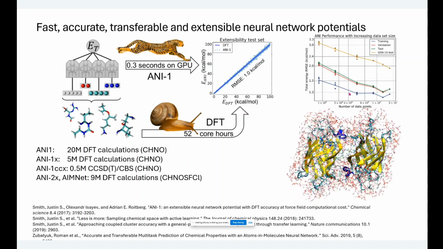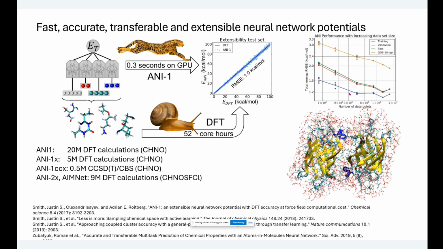There were, of course, limitations, but it's still usable, and ANI 1, ANI 1X, ANI 2X, and ANI 1CCX models are implemented in IMS. So the idea is it was blazing fast and reasonably accurate.